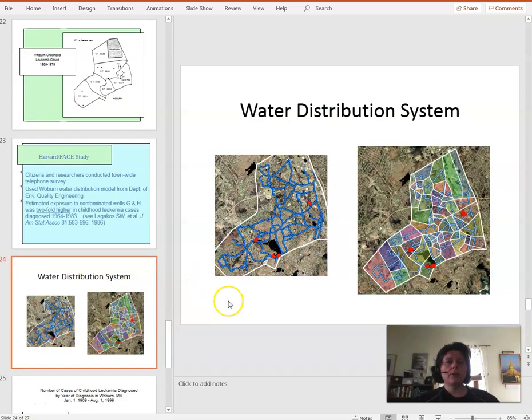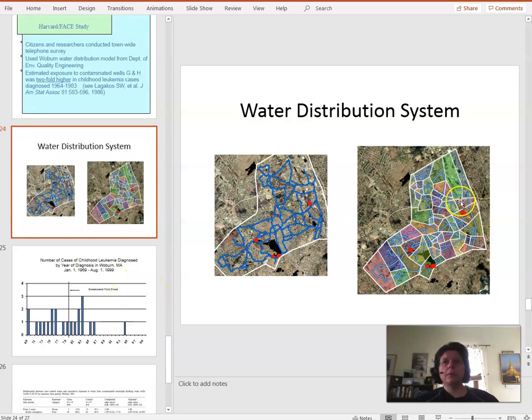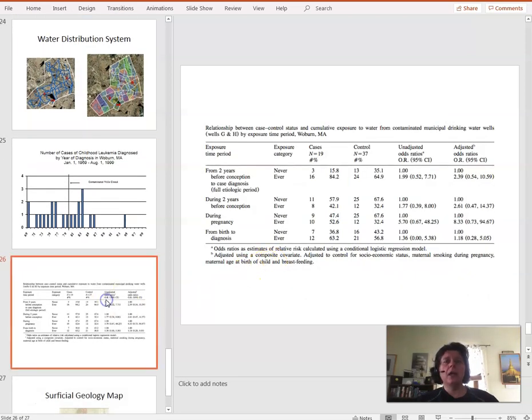And they looked at the water distribution system, which I already showed you, and they did a modeling to show where the water went. And they showed that people in those wells over on this side of town were more likely affected. And that when the contaminated wells were closed, there were still cases of leukemia that happened afterwards because they were exposed while they were children or even fetuses.